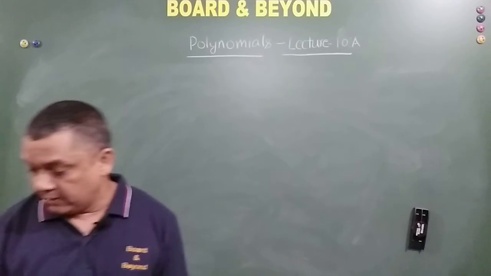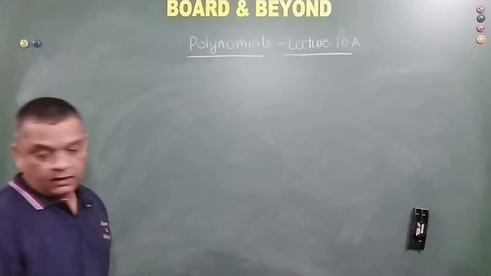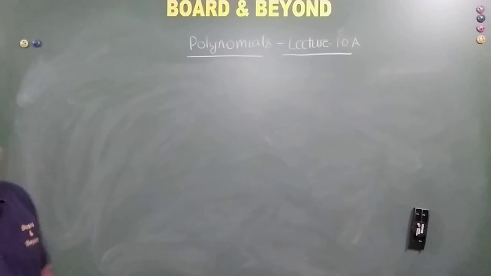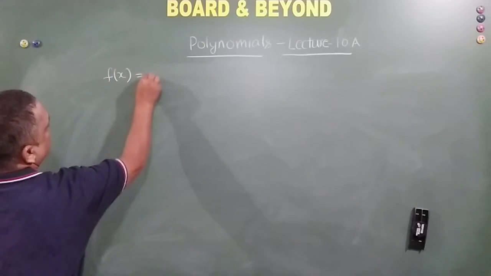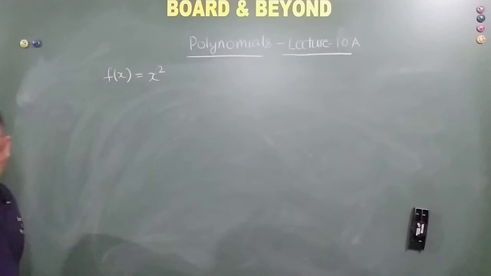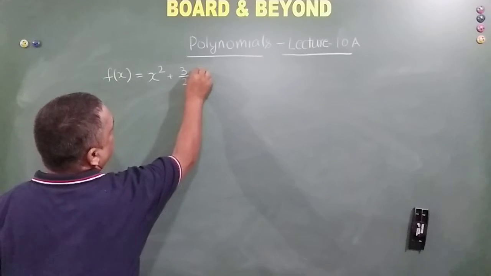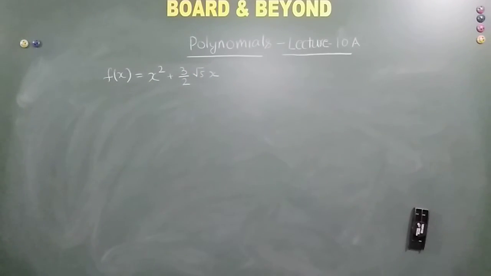That is, we need to find zeros by the factorization method, okay? So the quadratic polynomial given is x square plus 3 by 2 root 5 x minus 5.